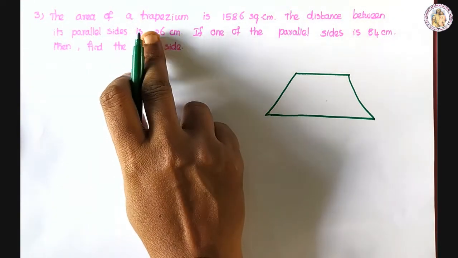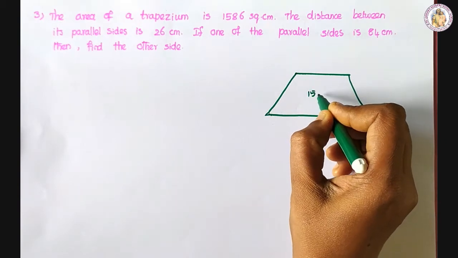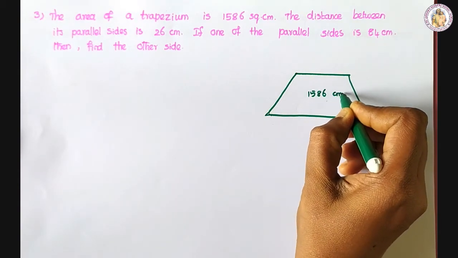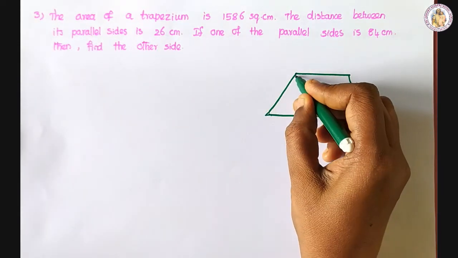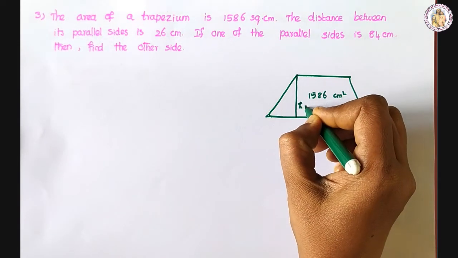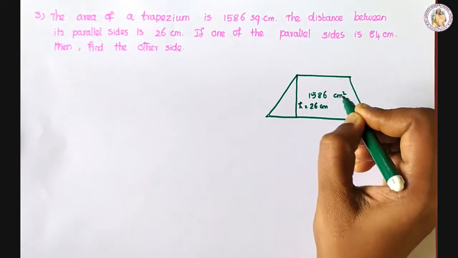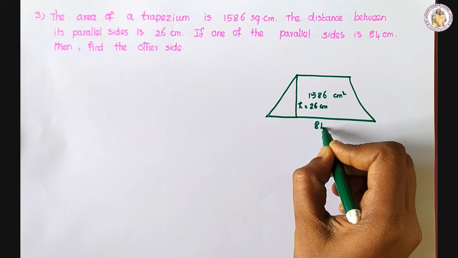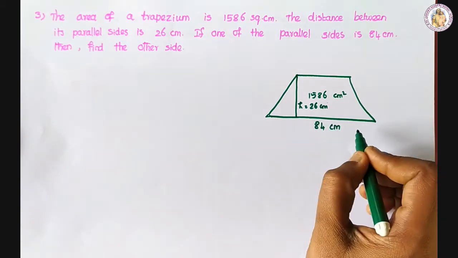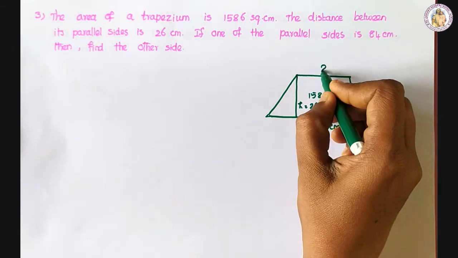Its area is given, that is 1586 square centimeter, and then the distance between the two parallel sides, that is height, that is 26 centimeter. If one of the parallel sides is 84 centimeter, this is 84 centimeter, means find out this one.